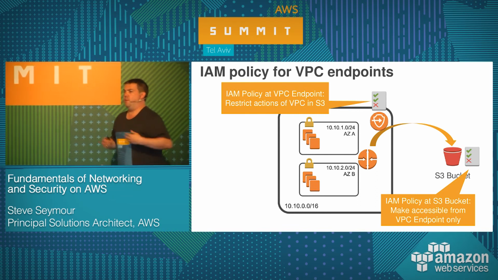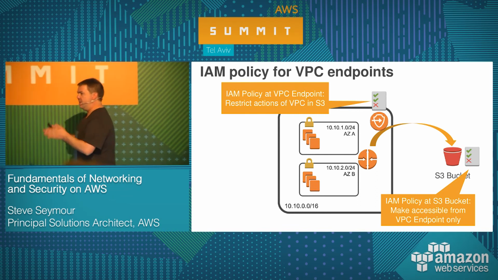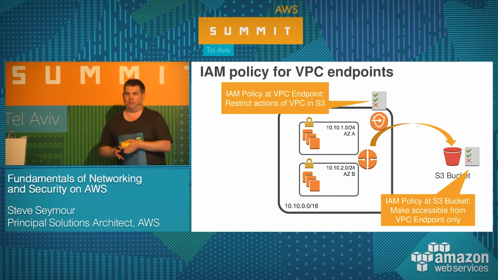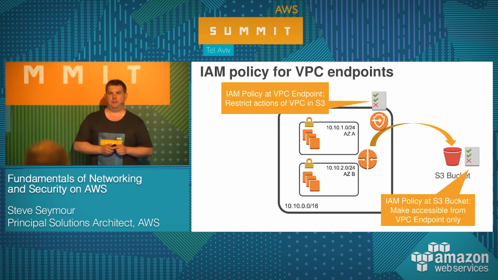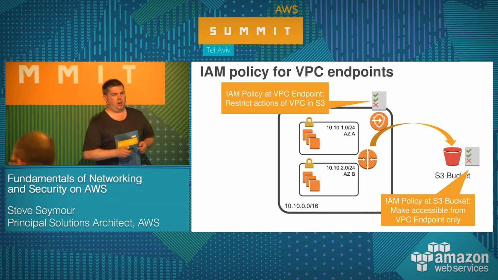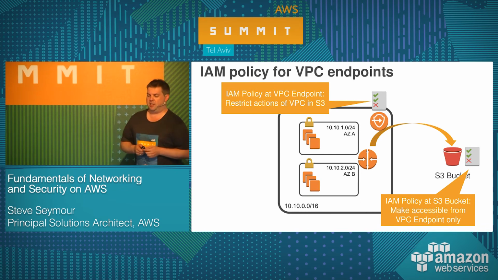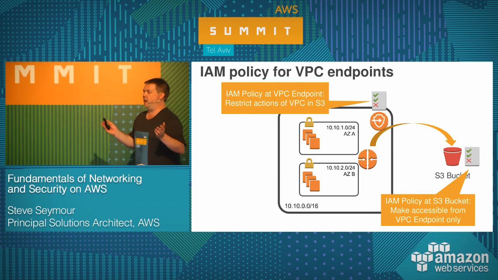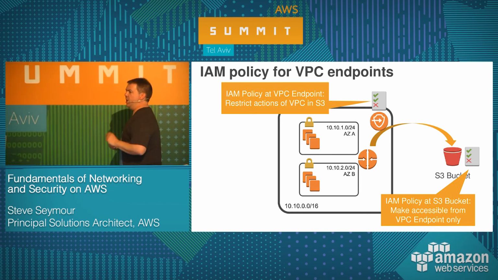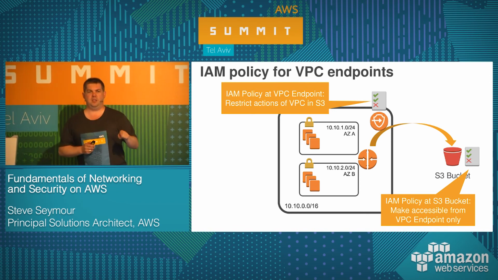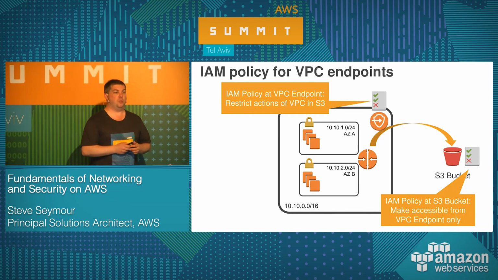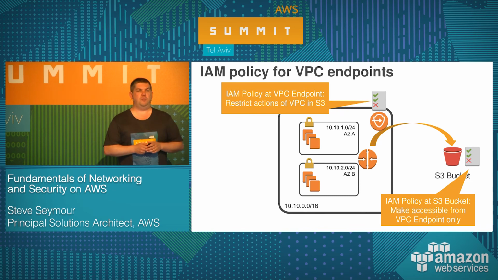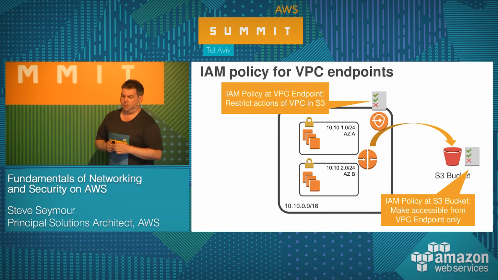So although it is an endpoint for S3, you can actually lock down exactly what the traffic is allowed to flow to from your VPC. So it can only reach your S3 bucket. Further to that, we can actually apply an IAM policy on the S3 bucket itself, which says, don't allow access to me over the internet, only allow access if it came via this VPC endpoint. So we can use these two extra security controls that we have here to manage access via VPC endpoints. Same obviously applies to DynamoDB.